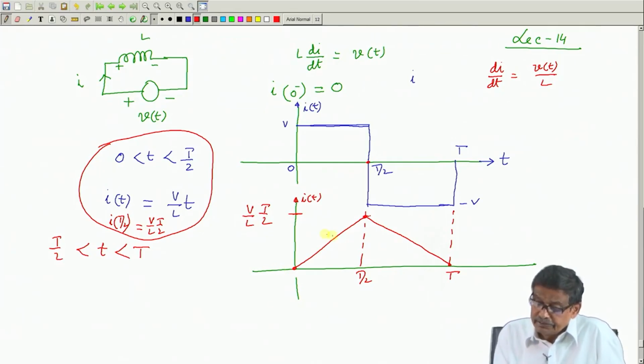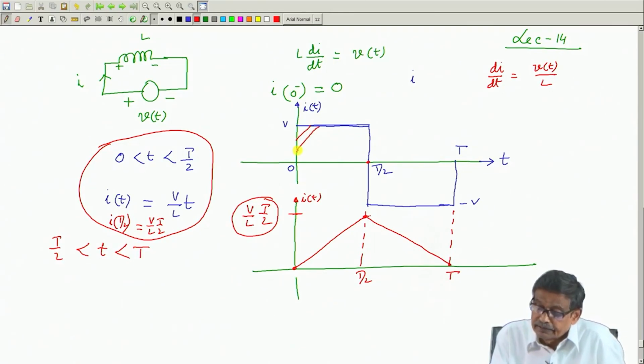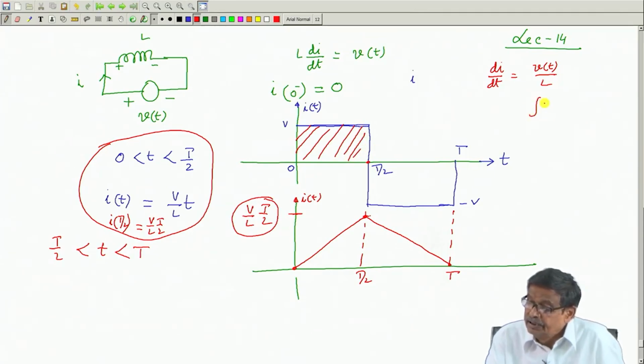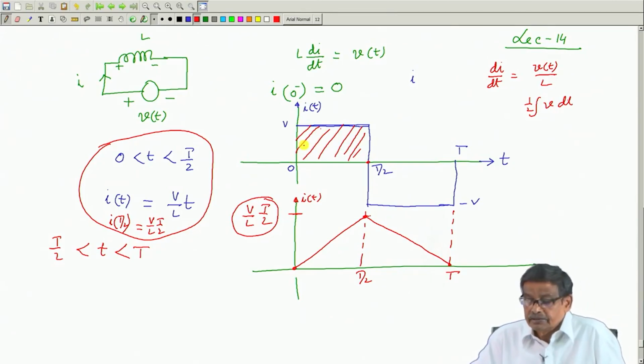To establish this much current, V by L into T by 2, how much volt second have you spent? This much volt second. Integral of V dt, times 1 by L, L is constant. So, this much volt second I have spent. In this case it was simple, V into T by 2.